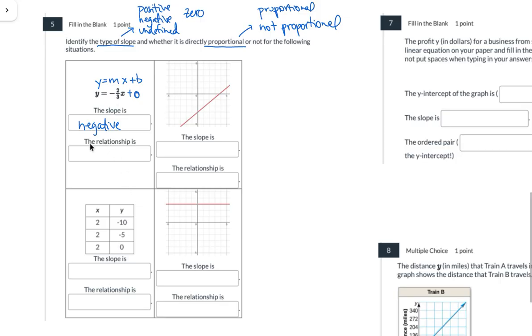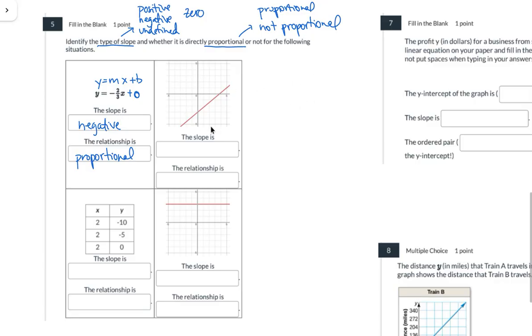Then I say, is the relationship proportional or not proportional? Well, if it's going to be a proportional relationship, then it goes through the origin, and it also has a constant slope. And so that would say, yes, this is a proportional relationship because it checks the 2 boxes of being a straight line with a constant slope, and it goes through the origin, which both things must be true to be proportional.